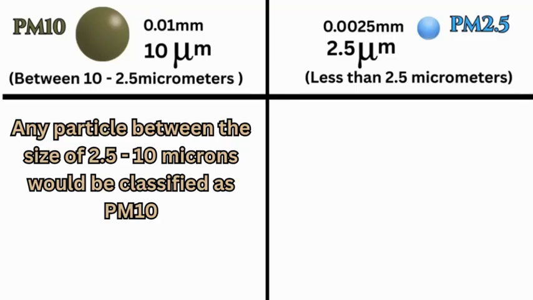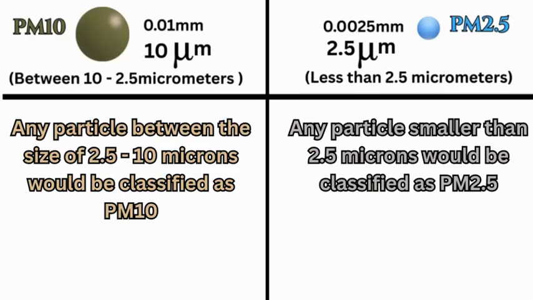That is a certain size classification. So anything between 2.5 and 10 microns would fall under the PM10 classification. Then we have PM2.5, which is a much smaller particle, which is 0.0025 millimeters, and anything less than that will be classified under the PM2.5.